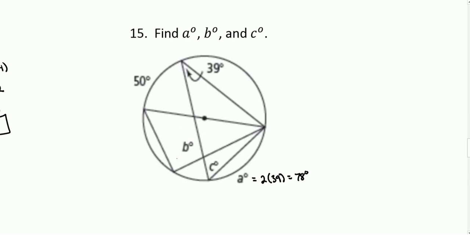B is going to be 90 degrees, assuming B is right here. This is 90 degrees because it's a semicircle. The intercepted arc is 180 degrees, so B is half of 180.